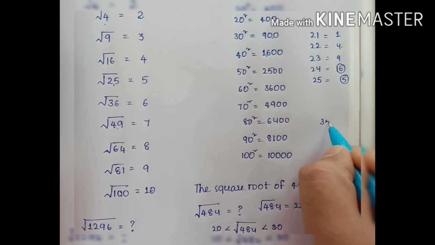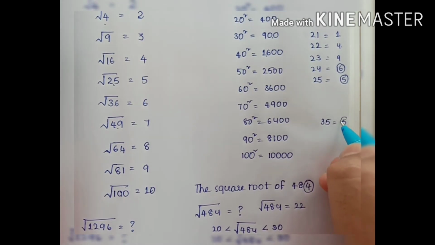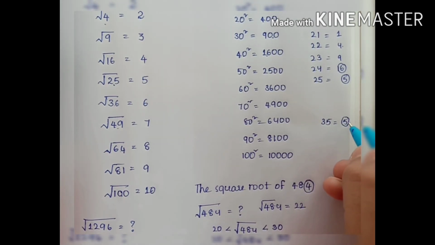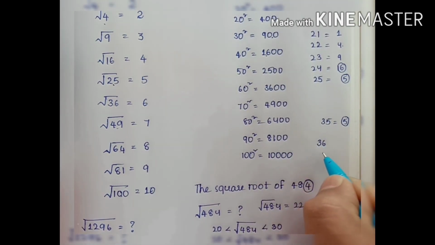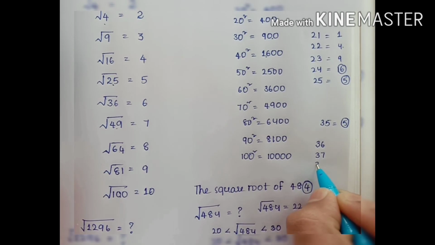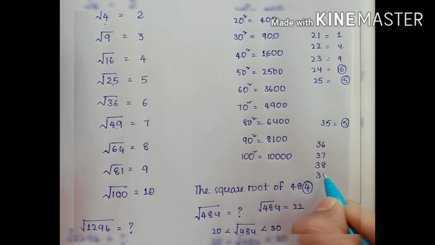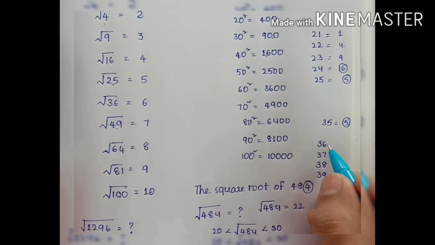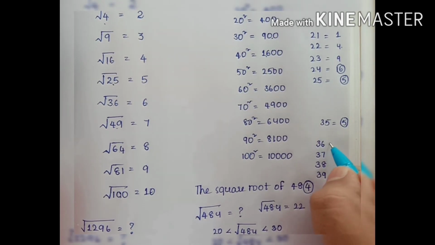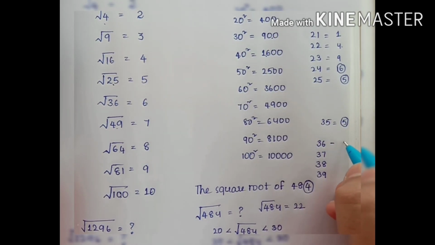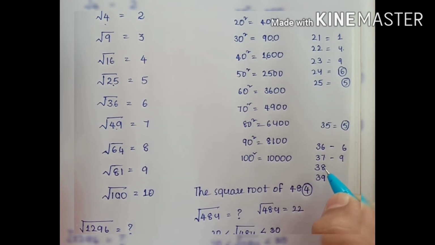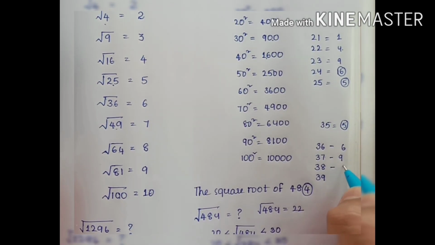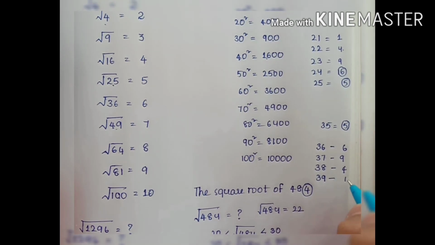Square of 35 gives us 5 in the last digit. So we have the possibilities 36, 37, 38, 39. Now square the unit digit places. 6 square is 6 as 36, 7 square is 9 as 49, 8 square is 4 as 64, and 9 square is 1 as 81.